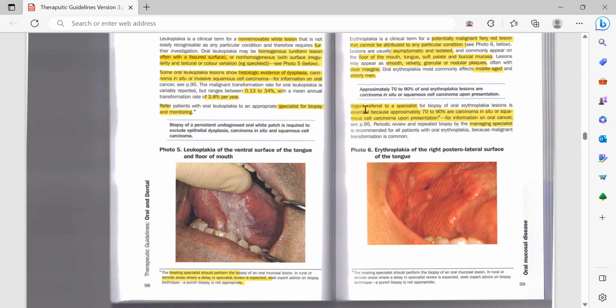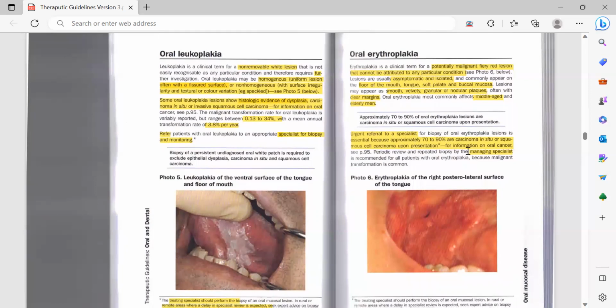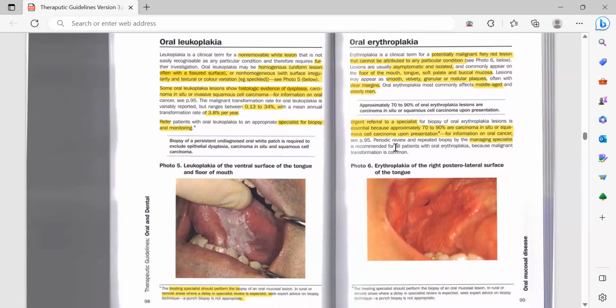Okay, so in the case of leukoplakia, you are just referring them to the specialist because the rate is 3.8% per year. But here the rate of transformation to carcinoma in situ is 70 to 90%, so you need to do an urgent specialist referral. Then periodic review and repeated biopsy by the managing specialist is recommended for all patients with oral erythroplakia because malignant transformation is very common.